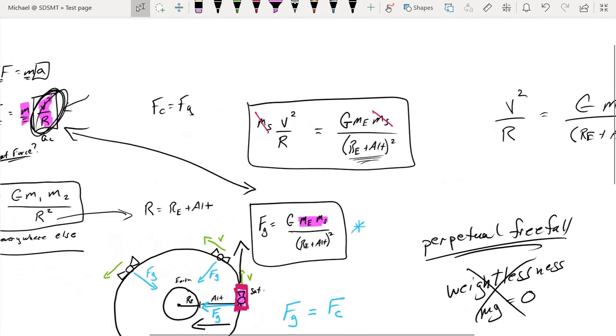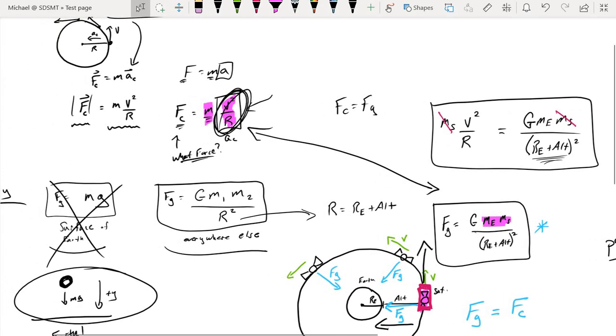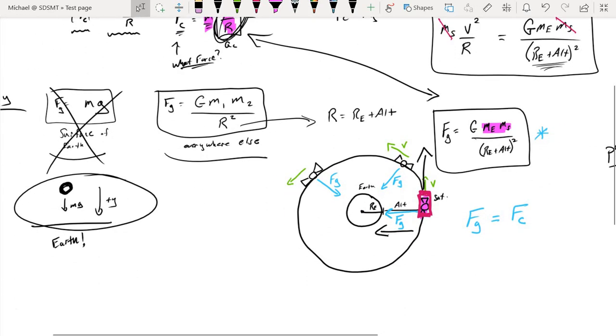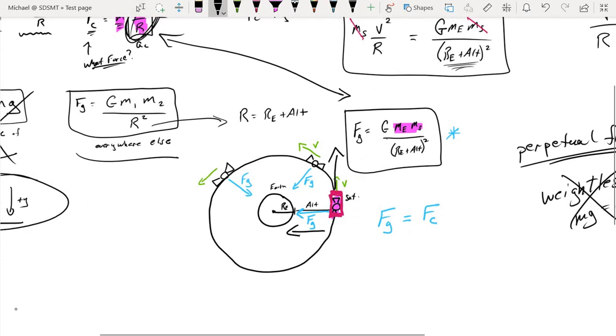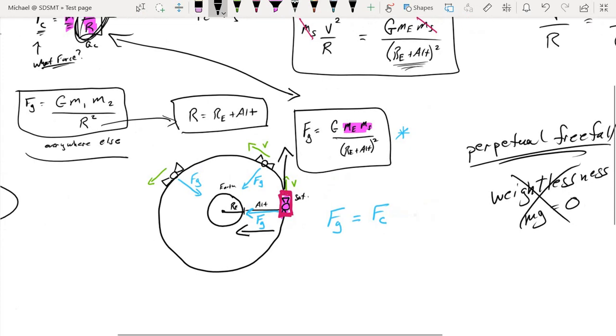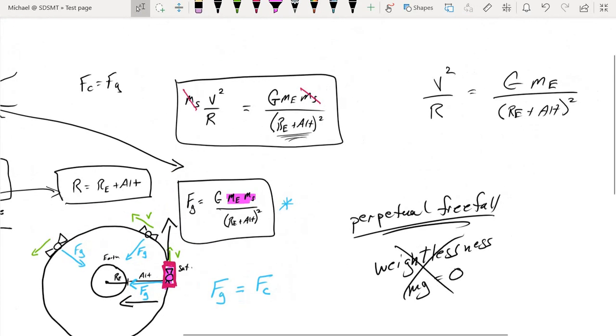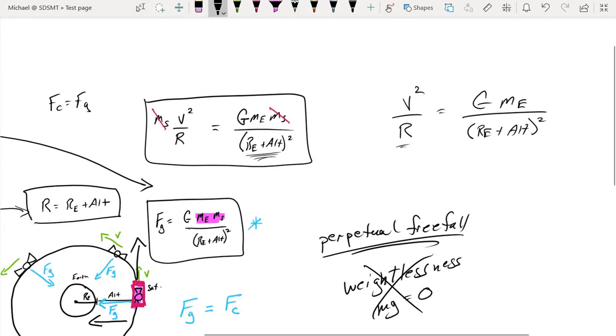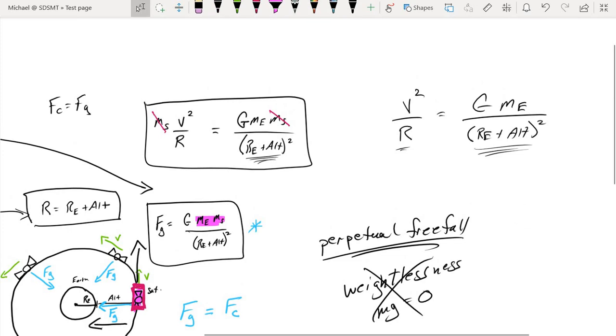But keep in mind, the center-to-center separation distance that we came up with was the full radius of the circular path that we were traveling around. And so that R value right here is actually the same as what this combination is equal to.